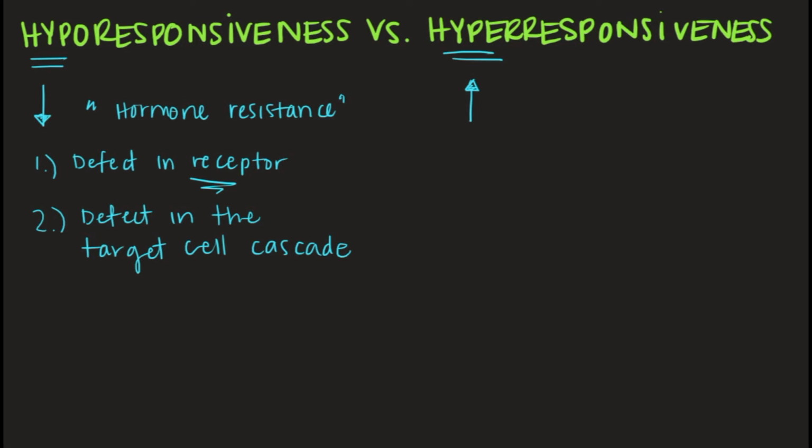It can perform the lock and key interaction between the hormone and the receptor perfectly. The issue is after that binding occurs, there is an issue or a blockage in the transduction pathway. So that would cause the cell also to not produce the desired outcome.